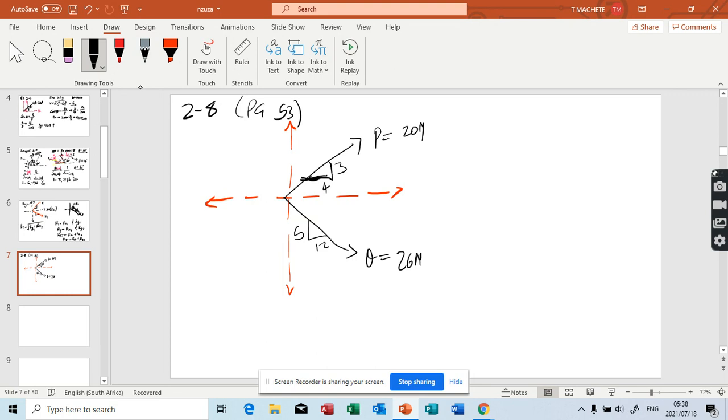Yeah, this is our px for the upper part. Then for the lower part, you're going to have qx here. Do you agree? Yes, and they are both going in that direction. So let's use a different color.